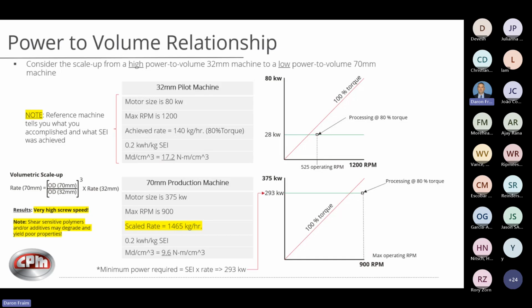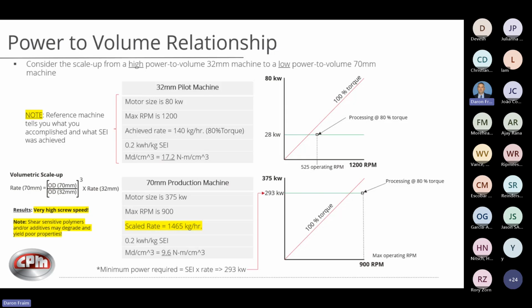And so here we'll look at this and see if there's differences when I move these machines. You'll see what happens here if I'm going off of a volumetric scale up. So here's an example where you have a 32 millimeter pilot machine. That's a high torque density machine at 17.2. And you're going to move to a low power to volume 70.